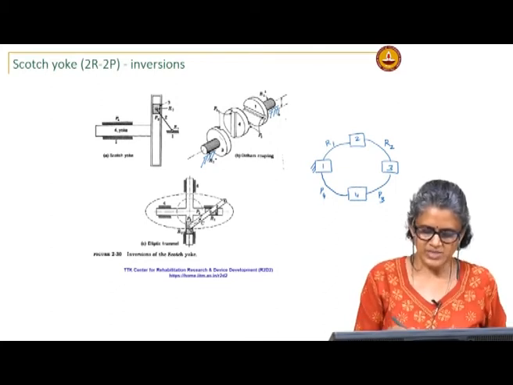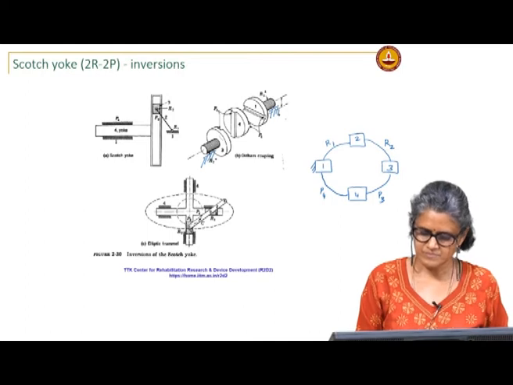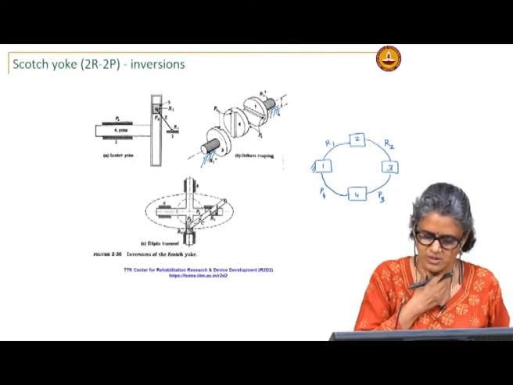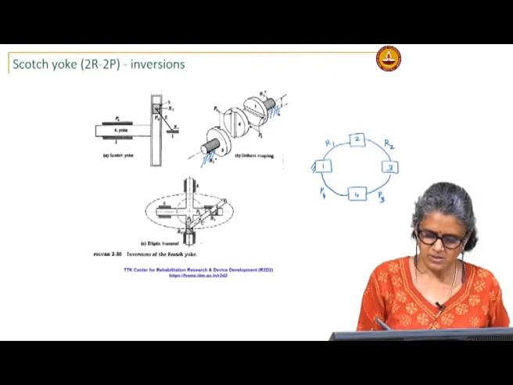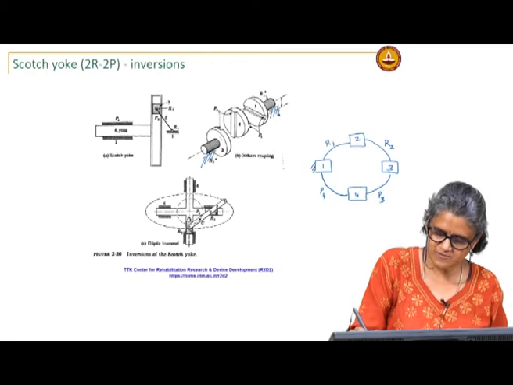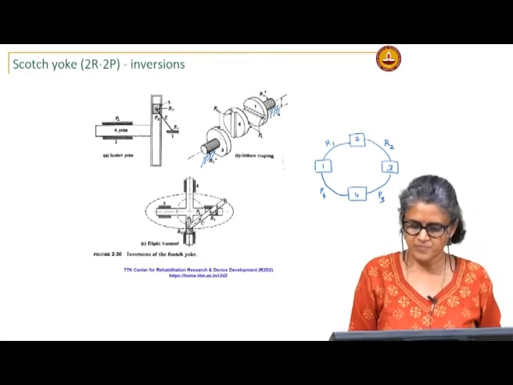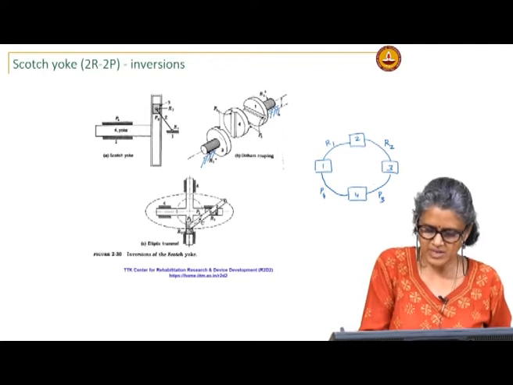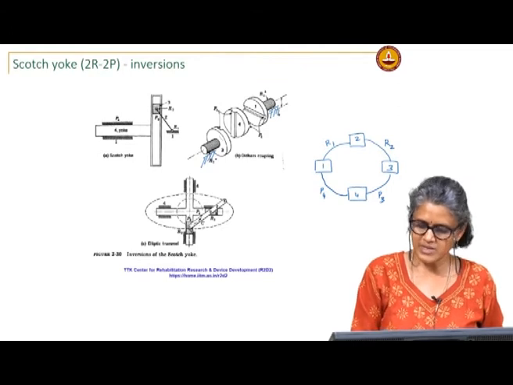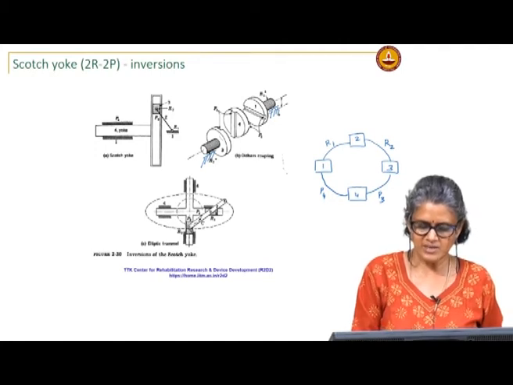In this inversion, link 4 is fixed. Between 4 and 3 is a prismatic joint, between 2 and 3 is a revolute, and between 1 and 2 is again a revolute joint.